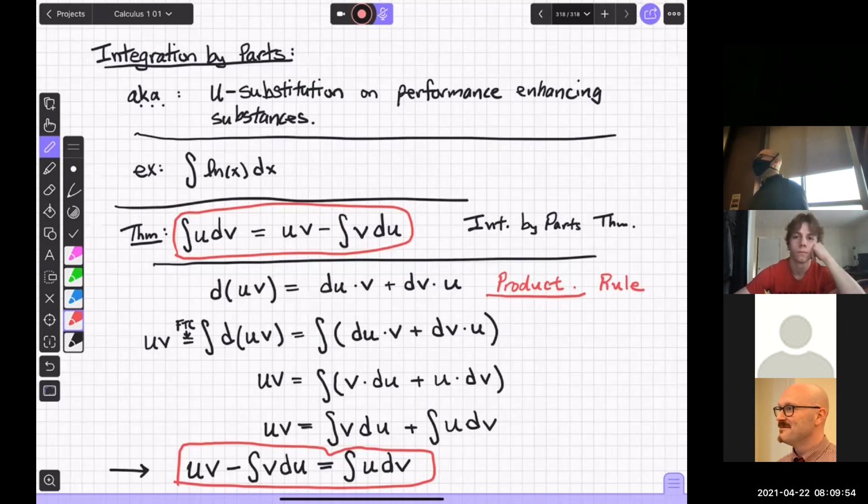And then what did we do to the product rule? We, well, right here, used what? The fundamental theorem. So if we use the fundamental theorem on the product rule, we get this rule.